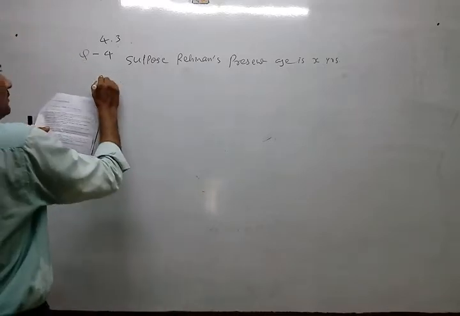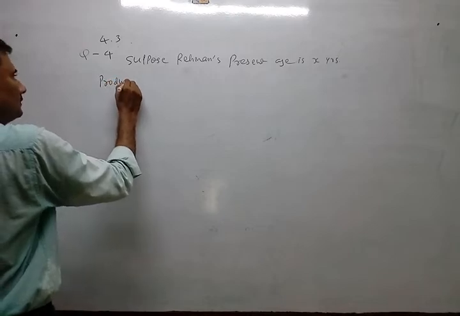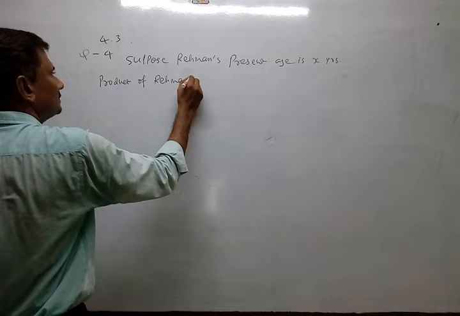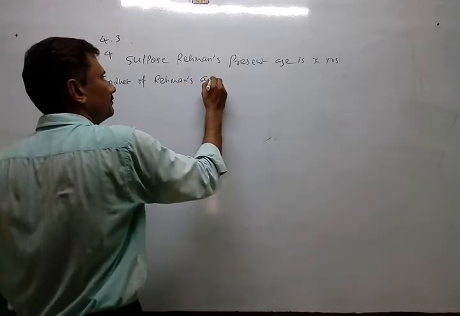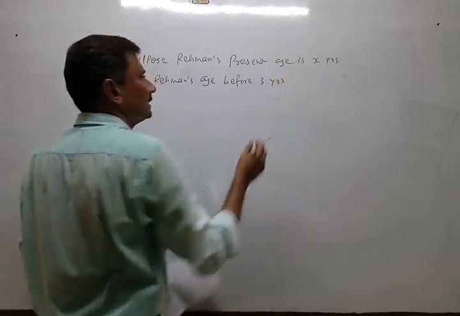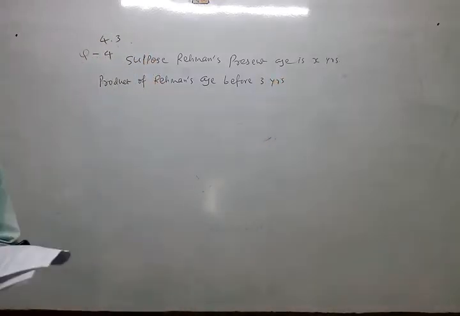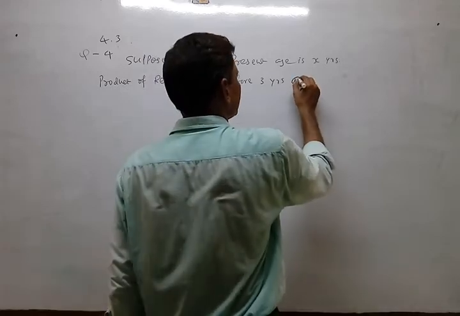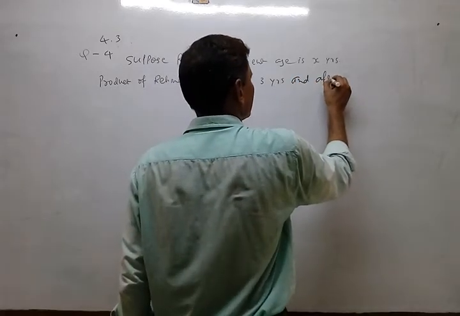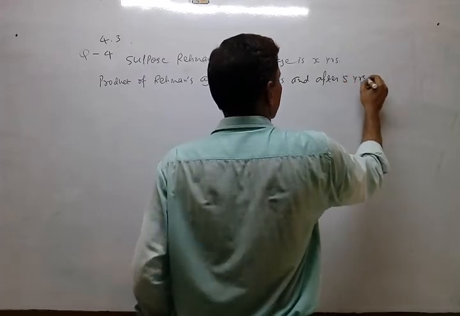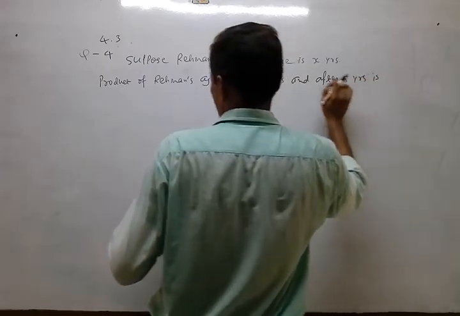The product of Rehman's age before 3 years and after 5 years is the sum of reciprocal.